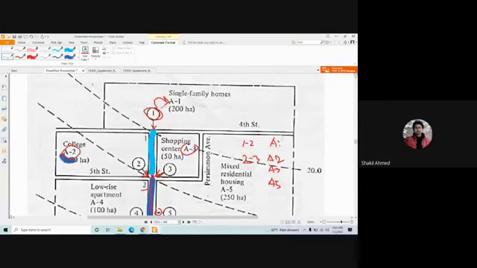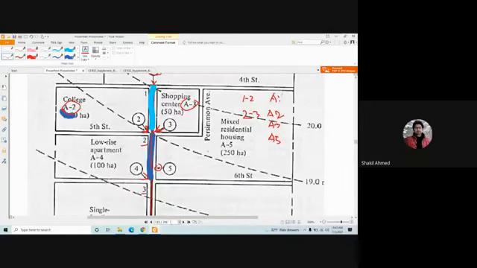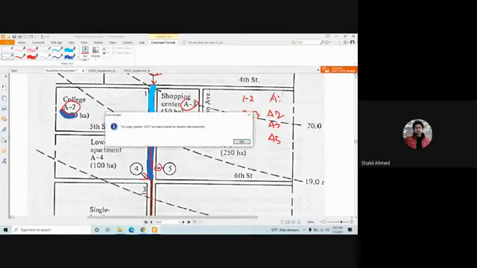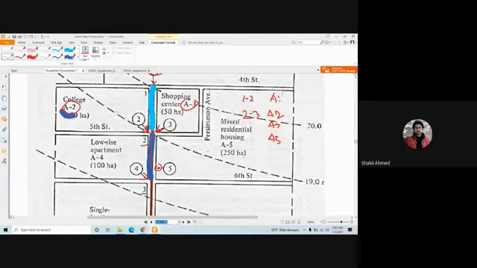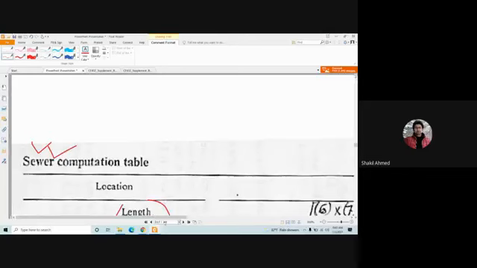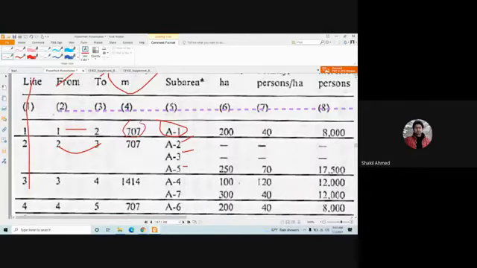It's given. This is given, 707 meter. Clear? If you are using Google Earth, then you will be able to measure the length. Did I show you how to measure the elevation from Google Earth, like a control line?